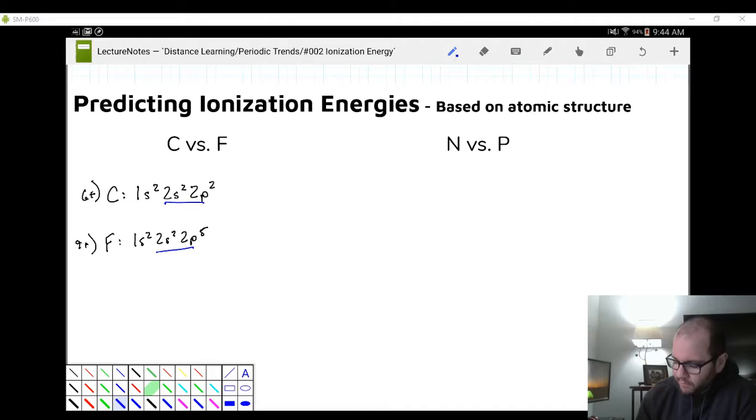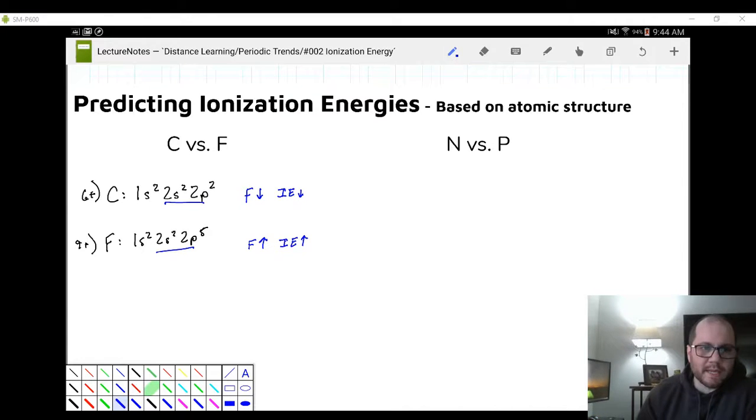What is different between them is the number of protons, though. Fluorine has more protons, which means that the force of attraction is going to be higher for fluorine compared to carbon. So since the force of attraction is higher for fluorine, the ionization energy is also going to be higher for fluorine.